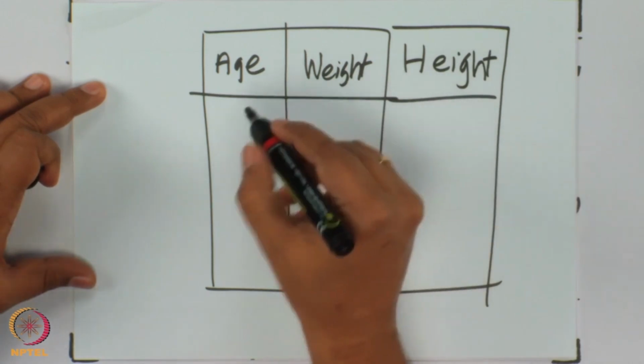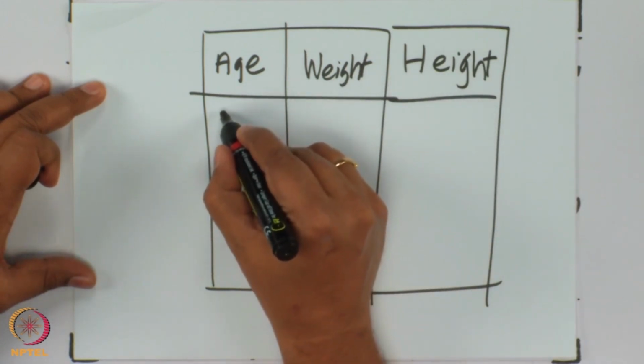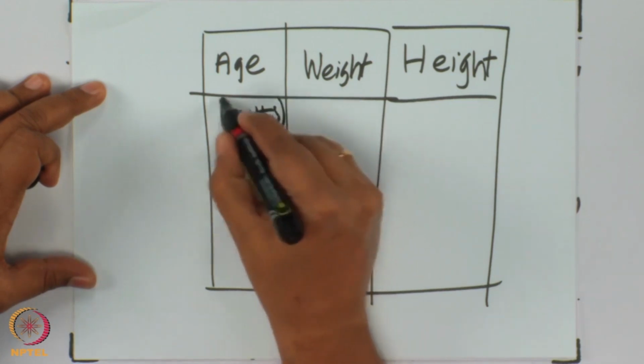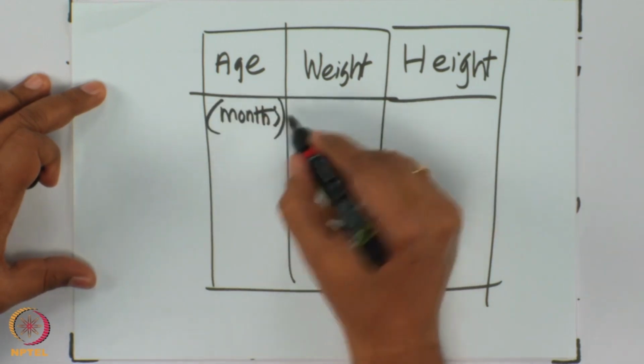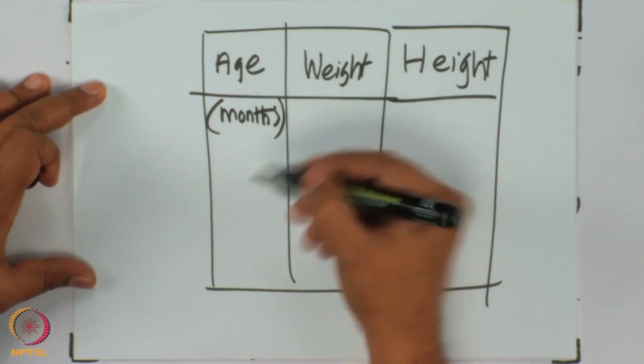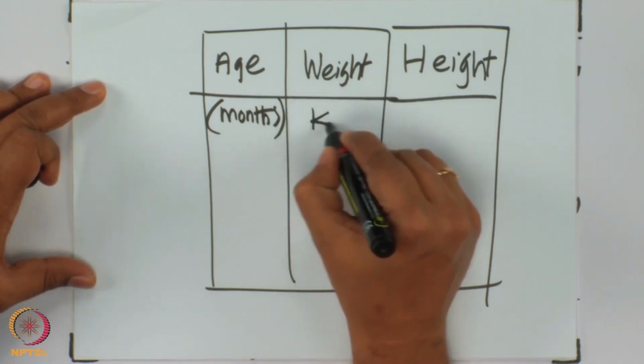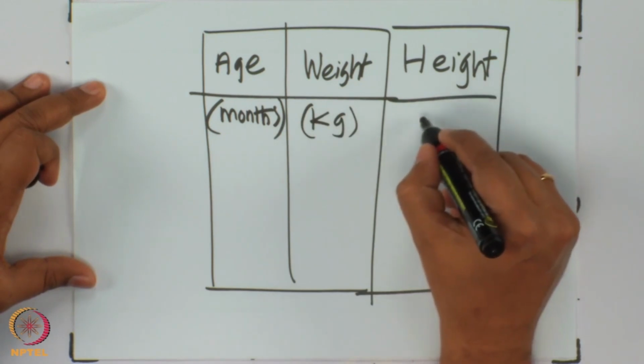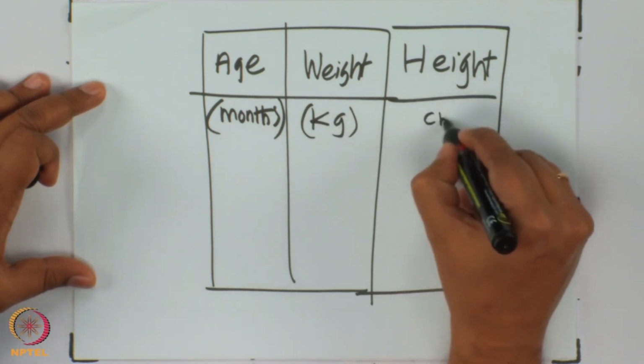So this will be in months, that will be the unit, the unit of time will be months here, weight will of course be in kg, and the height will be in centimeters for babies, let's say.